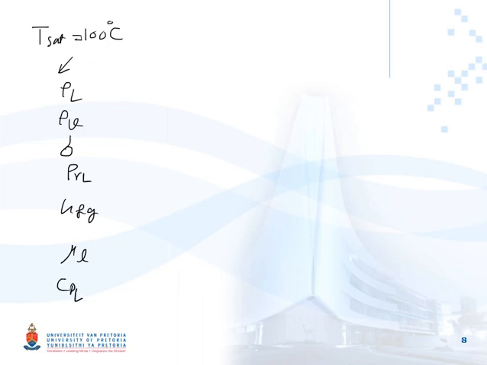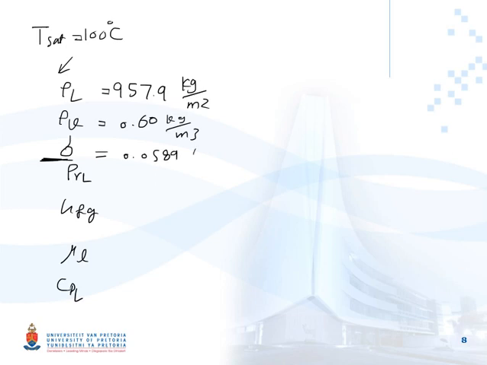So we read all those values from the table. I just write some of them down, but you need to do it yourself at home. The surface tension can be found from another table, I think, if I'm not mistaken, table 10.1, 0.0589 meter, Prandtl, and all those other numbers.